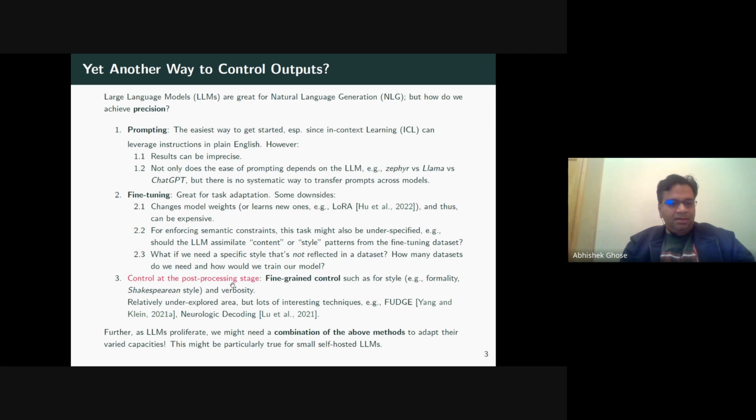So the third one, number three here, is what we are going to talk about: the third way to control the generated text is that you can control it at the post processing stage. So for example, at the output layer the model has a probability distribution over the various symbols in the vocabulary, and you can fiddle around with the probability values over each of the symbols, right?